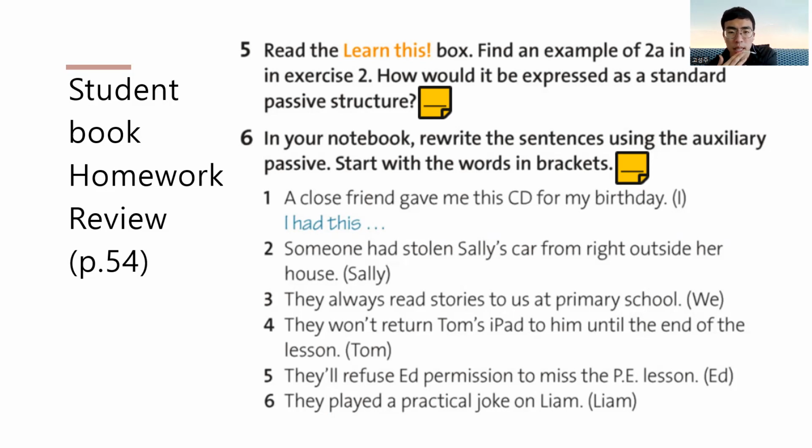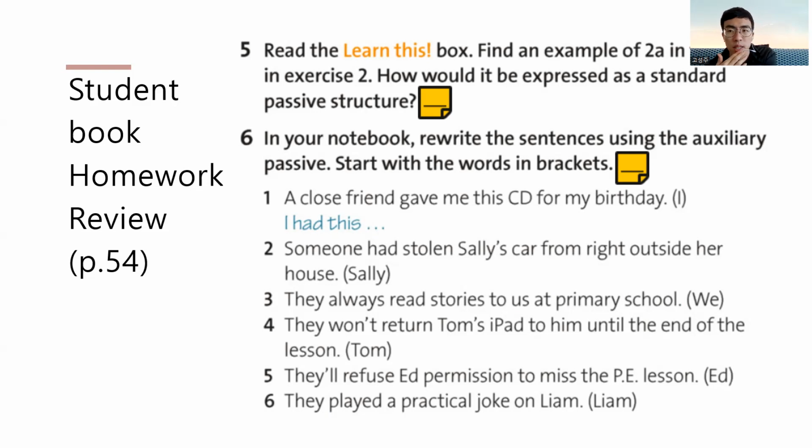So we had, okay, since it's the past form, read, read. We had stories read to us at primary school, right? Again, we had stories read to us at primary school.